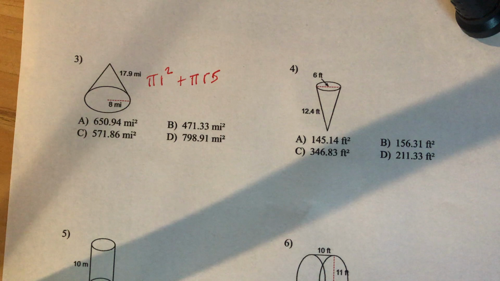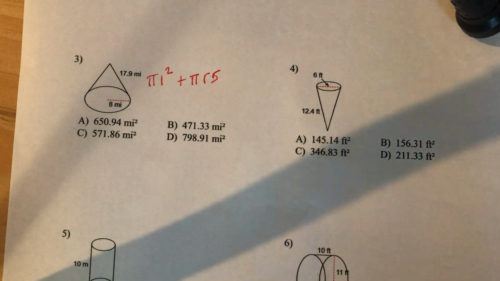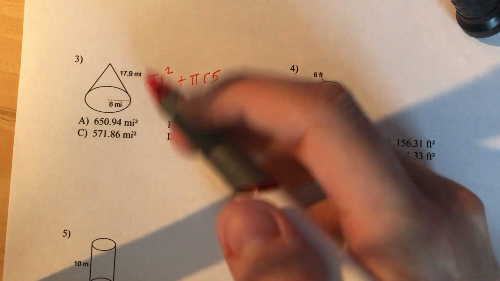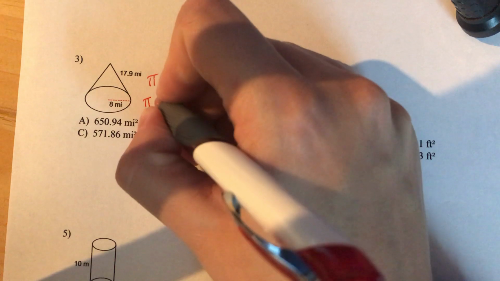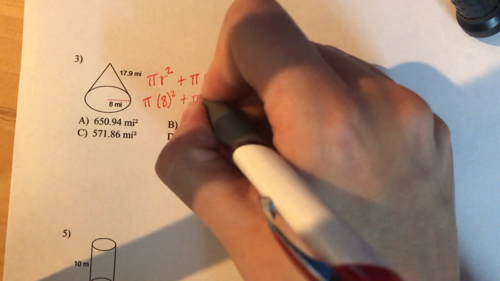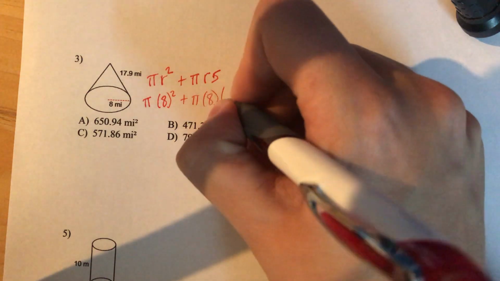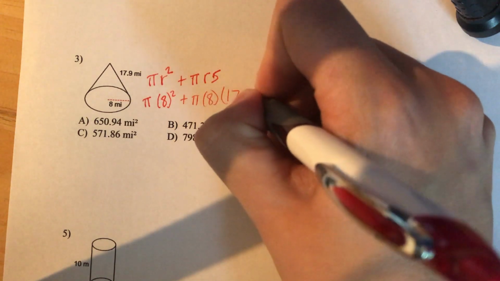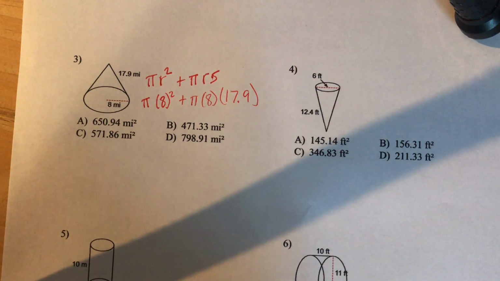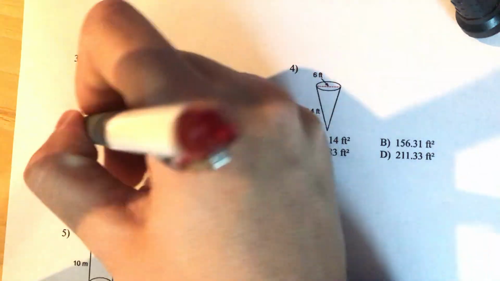The slant height is even written on your formula sheet, so you don't have to remember what this S means, because it's going to be given to you, and the slant height would be 17.9. So we're just going to plug it into our calculator, and we will get 650.94. So A is the correct answer.